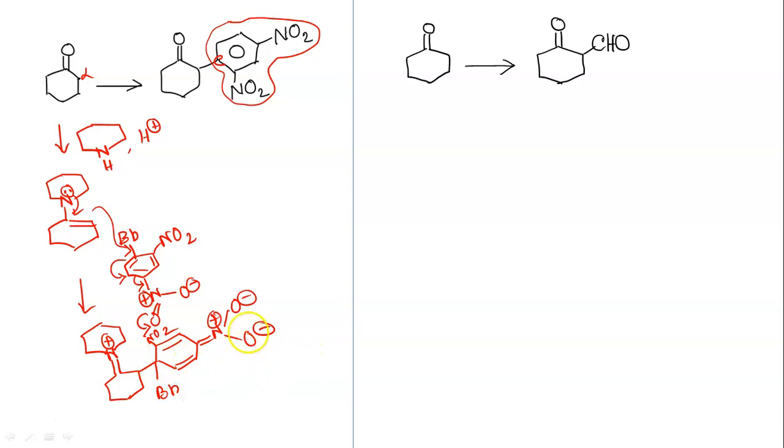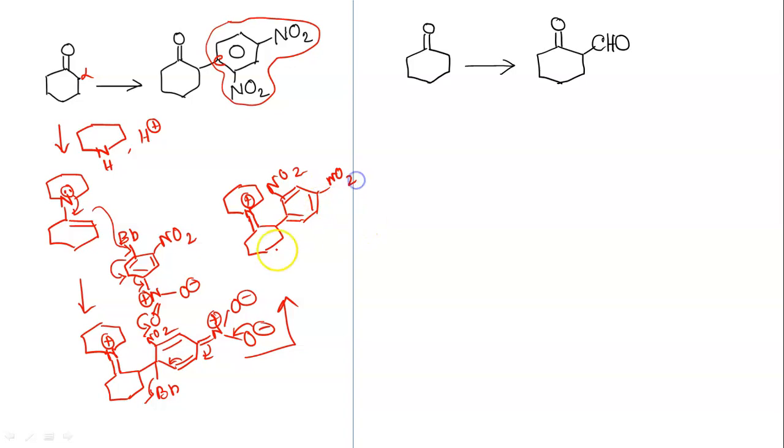Now Br will be removed and aromaticity is regenerated. NO2. Now the ring is aromatic. There is NO2 at the para position also. And finally, if we do hydrolysis in acid medium, there will be formation of this final target molecule. Okay, minus Br minus.